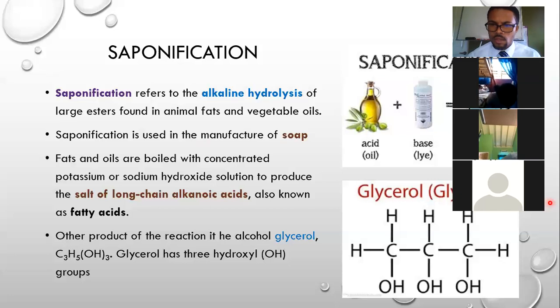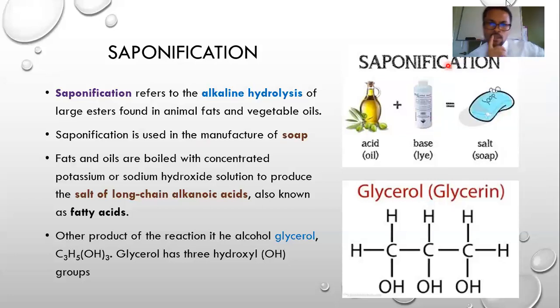All right, so what happens here? You're seeing the fatty acid, known as fatty acid. The fatty acids will be the alkanoic acid portion.